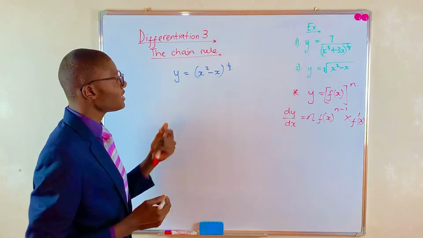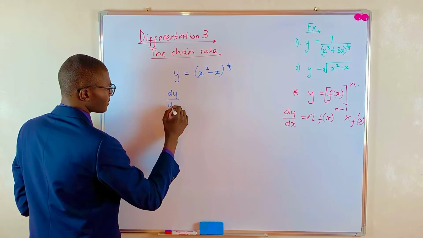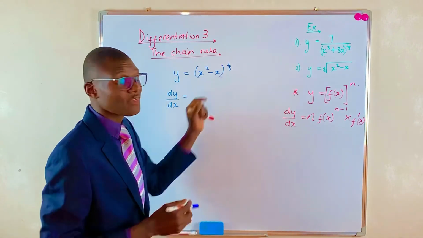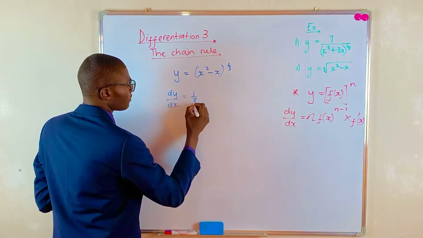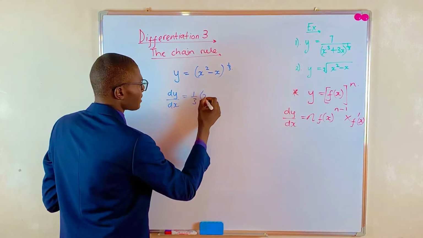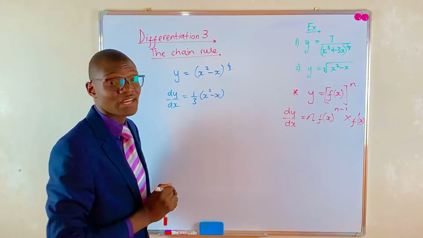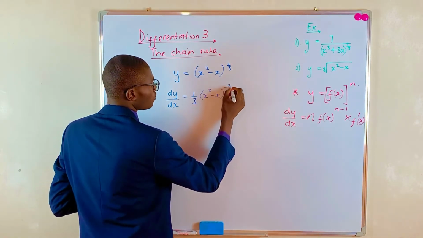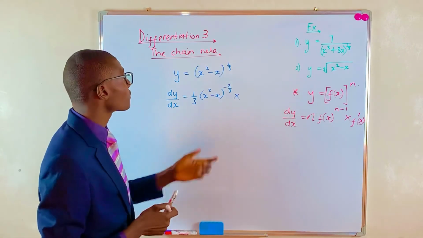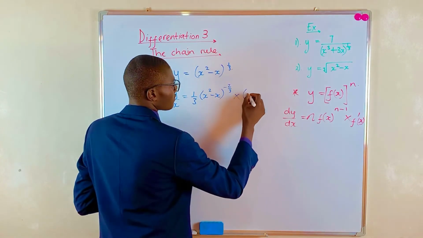And then now differentiating directly, we are saying dy/dx is equal to dropping the power of a third, multiplying by our quadratic function x^2 - x, then subtracting 1 from the power of a third that is already there, we get minus 2 over 3, then multiplying by the derivative of the quadratic function x^2 - x, which will give us 2x.